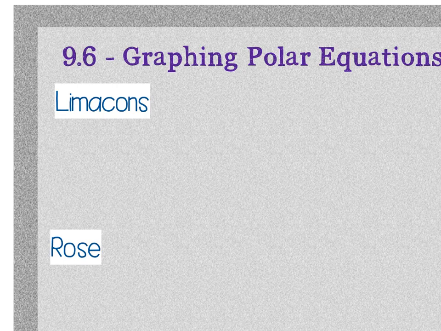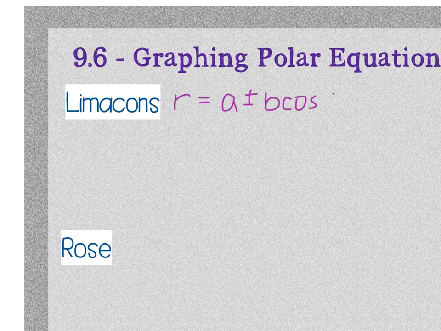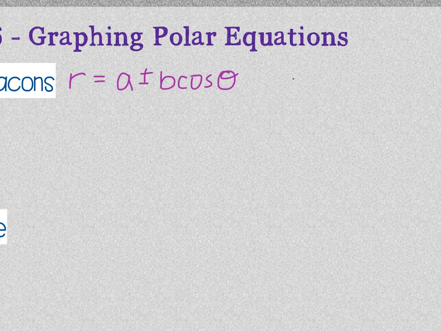You'll know it's a limaçon if you get r equals a plus or minus b cosine theta, or r equals a plus or minus b sine theta. So a limaçon has something added to or subtracted from your function.